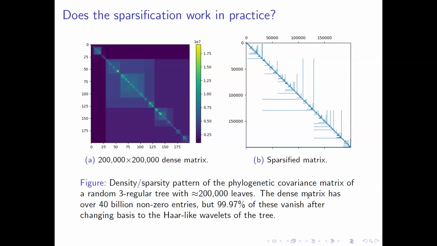And so we're not counting many of these entries, especially for large subtrees that can make up a good proportion of the vanishing entries. And similarly, we don't take into account the fact that we're dealing with an orthogonal basis.